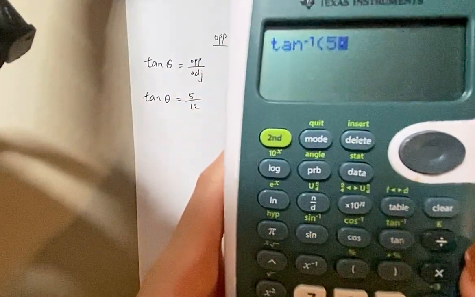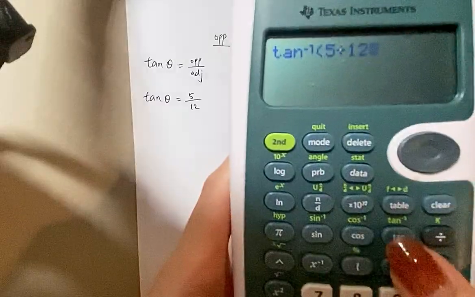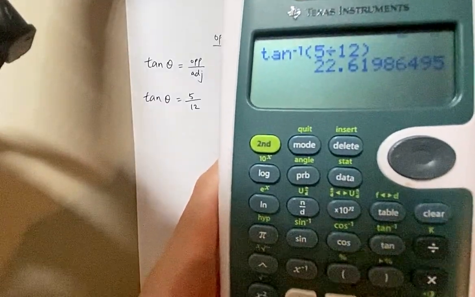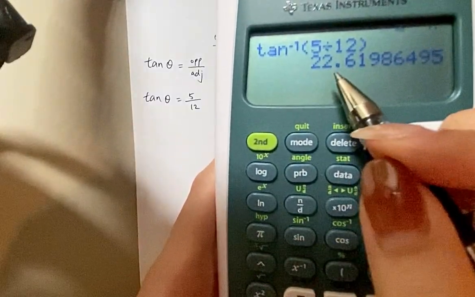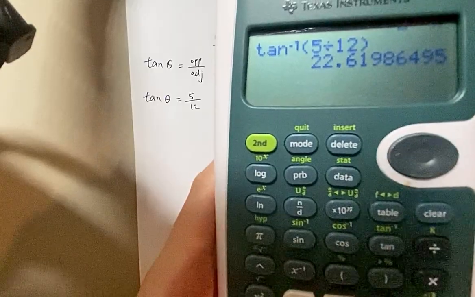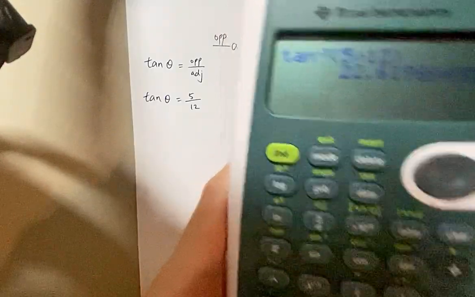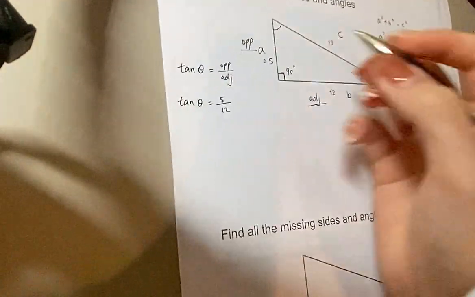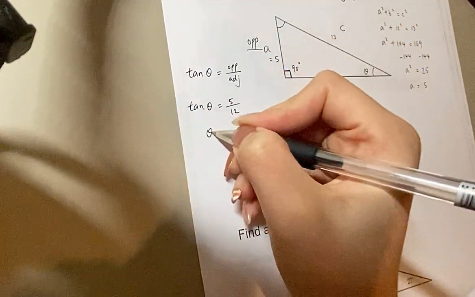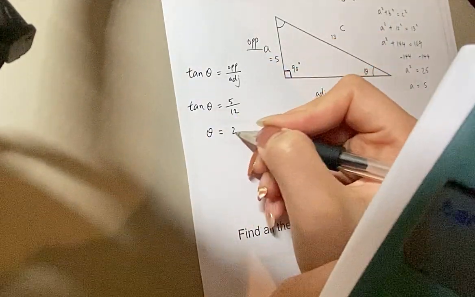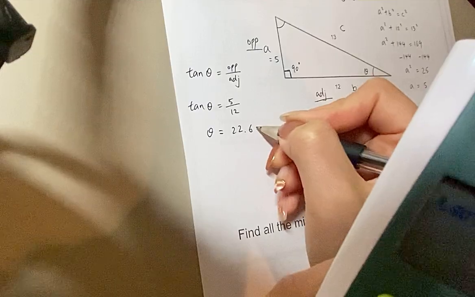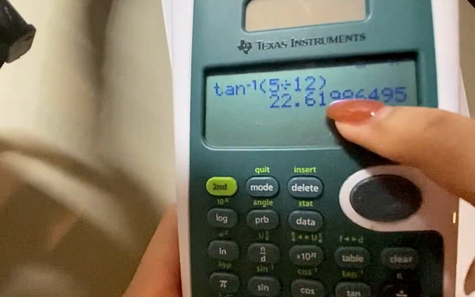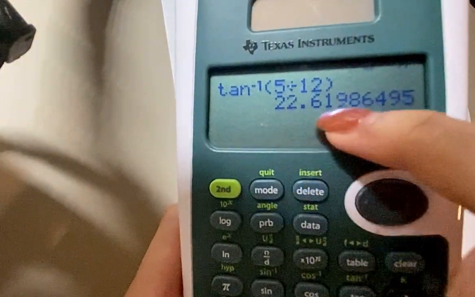So we should put in 5 over 12, parenthesis, and enter. 22.61986495 is the angle of theta. So we can say theta equals 22.62. So we're rounding the 9 up, so we get 22.62.